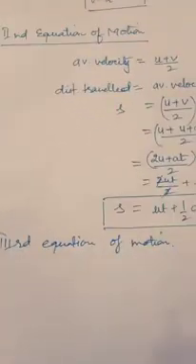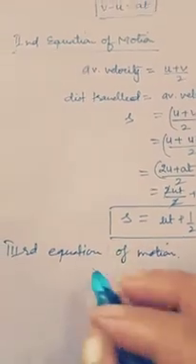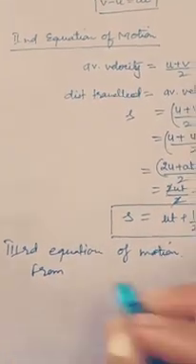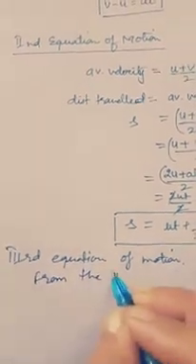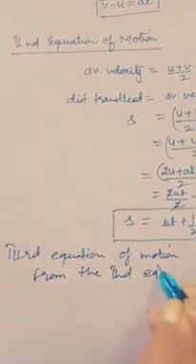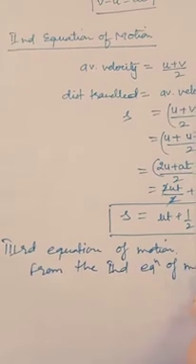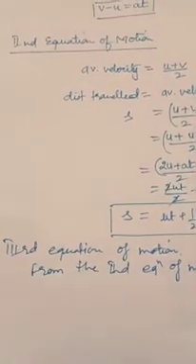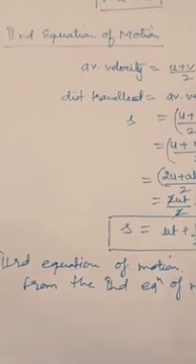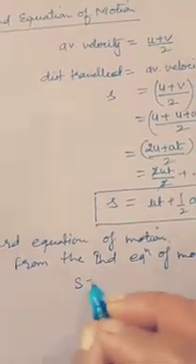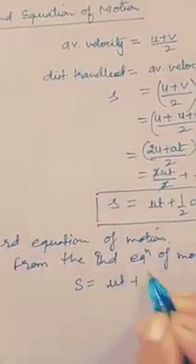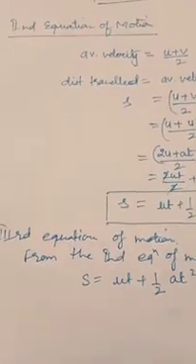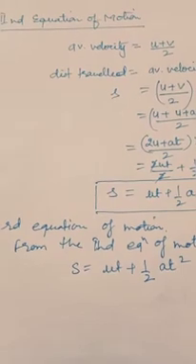Now for the third equation of motion, we will take the second equation of motion. We are going to derive the third equation from the second equation itself. So from the second equation of motion we have s equals ut plus half at square. Now the third equation of motion is v square equals u square plus 2as.